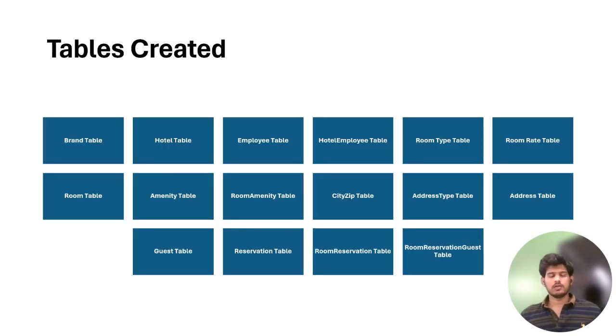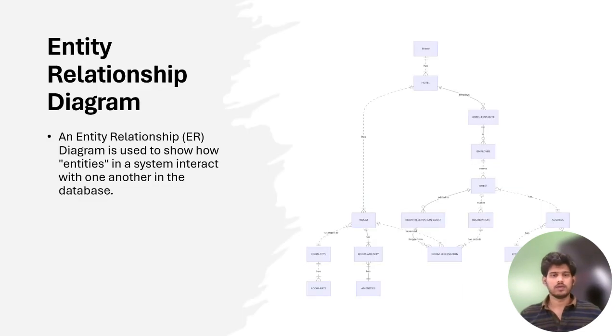So these are all the tables that are created. We have created all these tables in non-normal form for data redundancy. Now, ER diagram. What is an ER diagram? An ER diagram is used to show entities in the system.